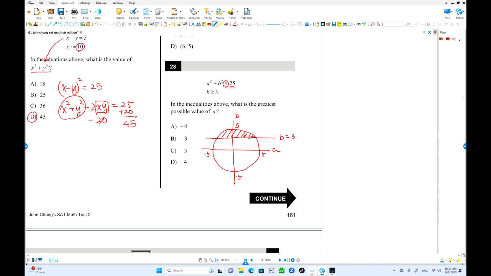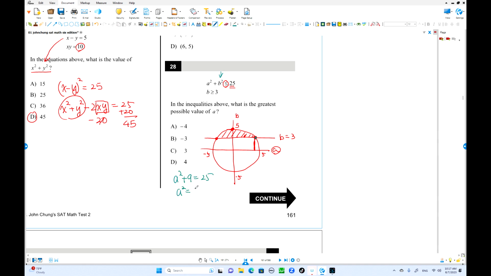So there are infinitely many solutions. But we're going to find the greatest possible value of A. Where is A? The x coordinate. At this point, it has the greatest possible value of A, right? This is the greatest possible value of B. Okay? The lowest possible value of A. But you're going to find this value from here. You can put B equals 3 in the equation. Okay, this is the intersection. So A squared plus 9 equals 25.